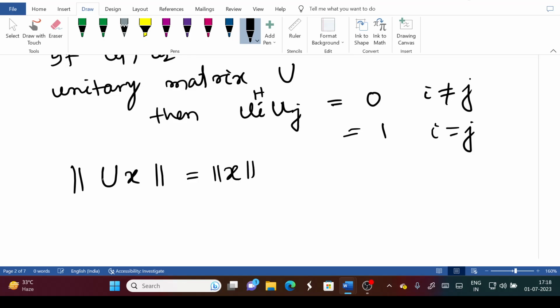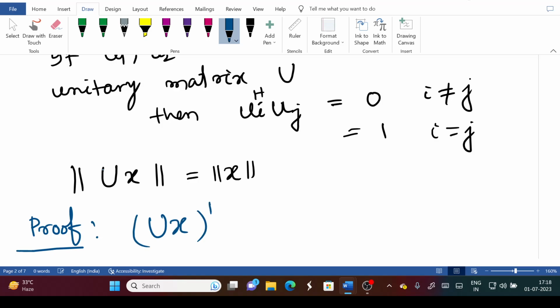How to prove it? What is the length of x? First of all, for any vector's length, we will start with the square. Okay, let us prove it. Proof. These proofs are important, that's why I am doing it. (Ux)^H (Ux). Here I have not yet told the Hermitian properties, just now I will tell.